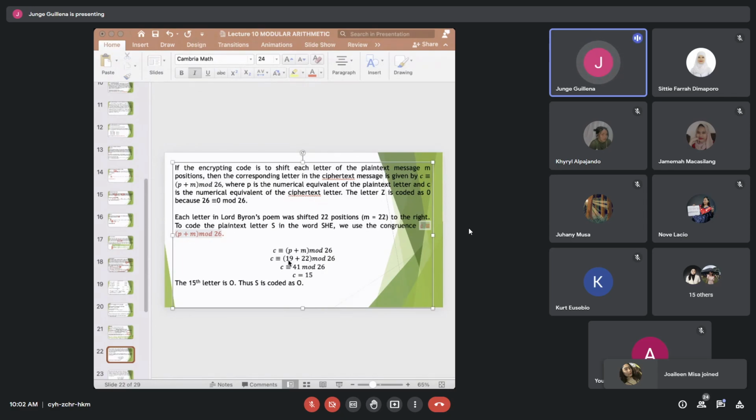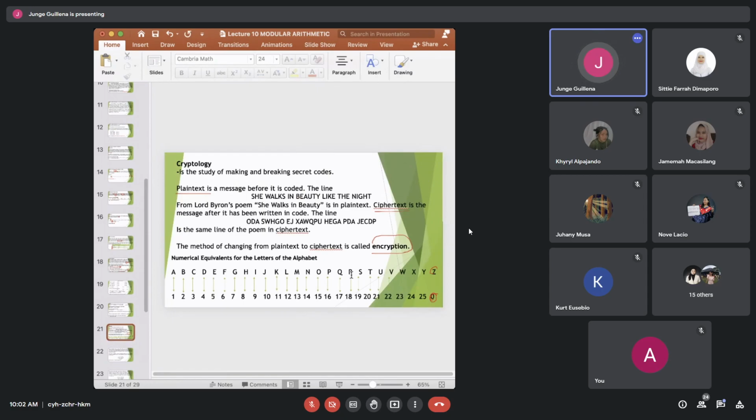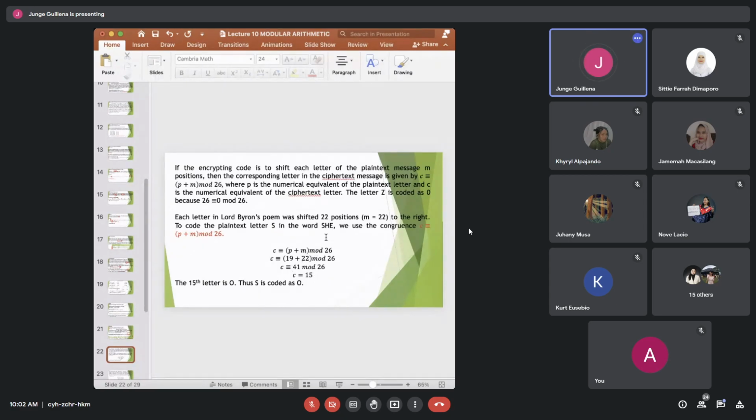P is 19 because the number for letter S is 19. Then M is the shifted 22 positions. That would be your M.